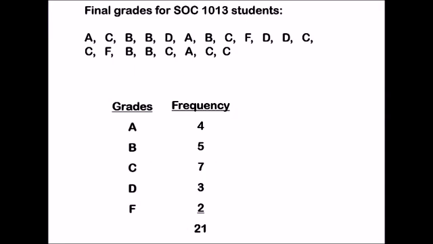We noted the grades. We arrange these grades, of course, in order. There's a hierarchy here, A, B, C, D, F. And then we find, of course, the frequency for each of these grades, 4 A's, 5 B's, and so forth. The question now is, what is the median? Well, the median is found by going to the middling value.